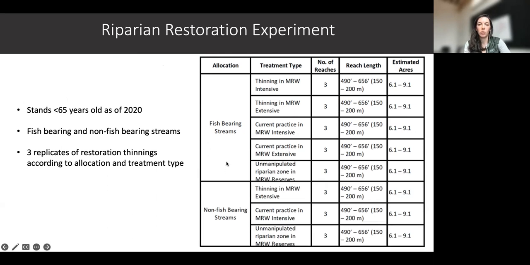But the experiment looks at two main categories of allocations: fish-bearing streams and non-fish-bearing streams, and then aligns these with the different treatment types that would be upslope or immediately adjacent to that reach of the stream. You can see there's a number of replicates outlined here, reach lengths, and then estimated acres based on that information.